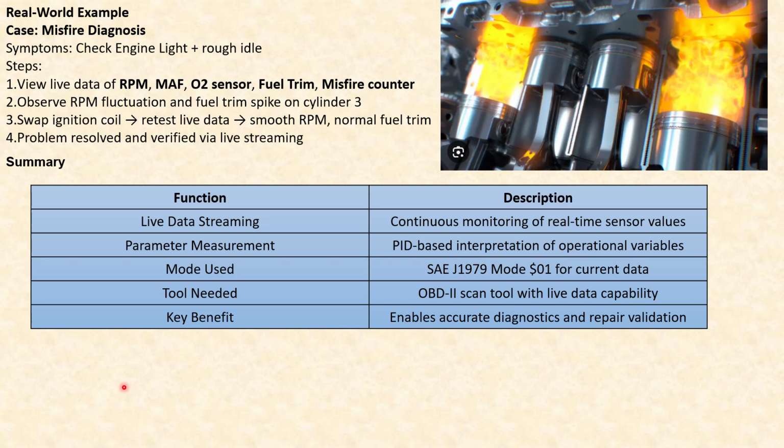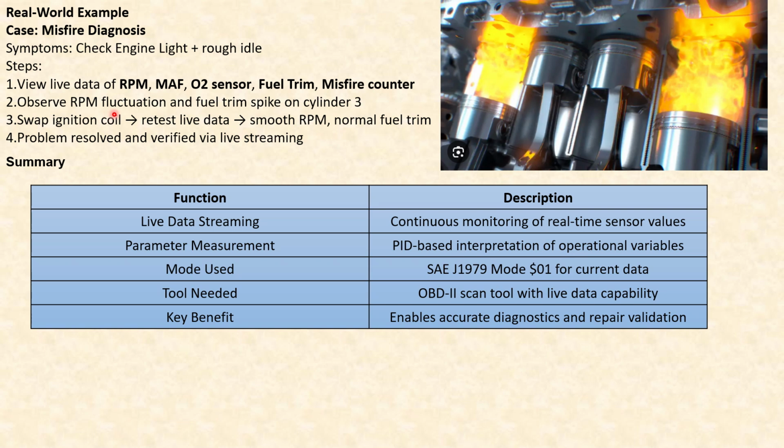Now, a real-world example: misfire diagnostics. The first symptom is a check engine light plus rough idle. The first step is to view live data of RPM, MAF, oxygen sensor, fuel trim, and misfire counter. Whenever you see the engine light, all these parameters can be monitored immediately.